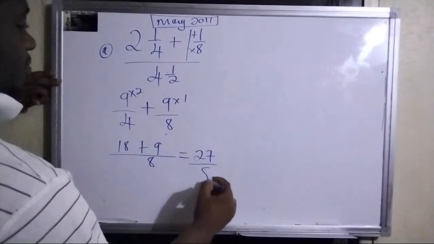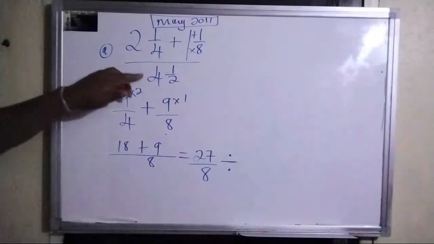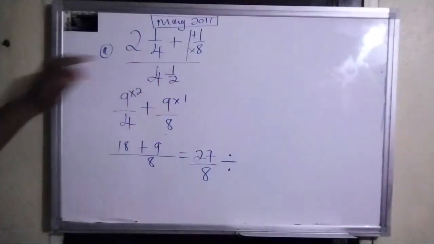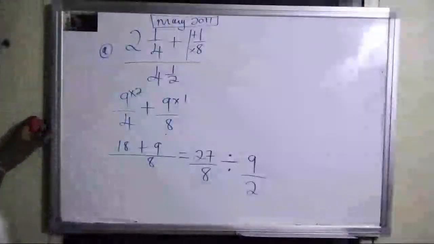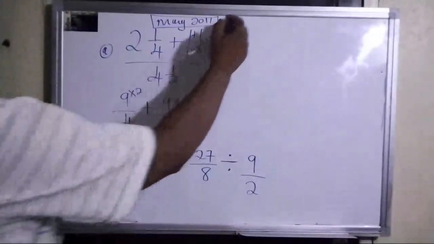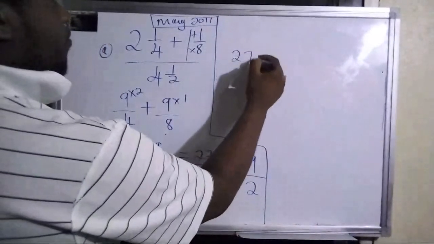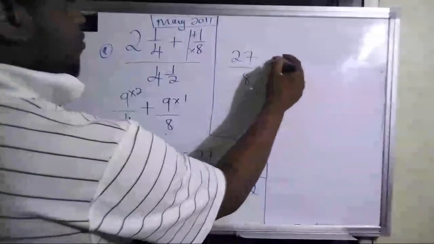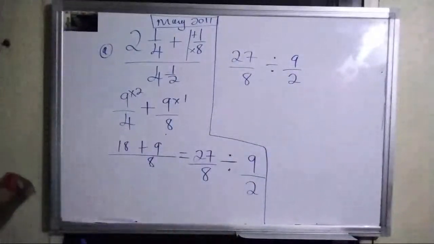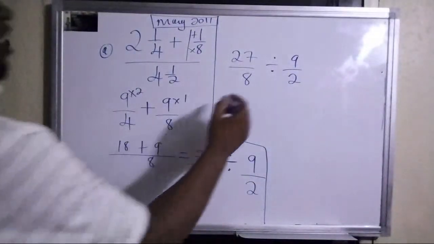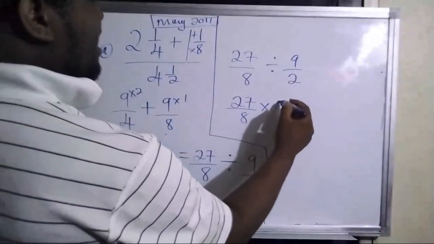over 8. And then now we divide, the line means divide. So 4 times 2, that's 8 plus 1, 9 over 2. We could just rewrite it so persons can see it clear. So it will be 27 over 8 divided by 9 over 2. And we know the rules state that when we are dividing, we change the last fraction to multiplication and invert.